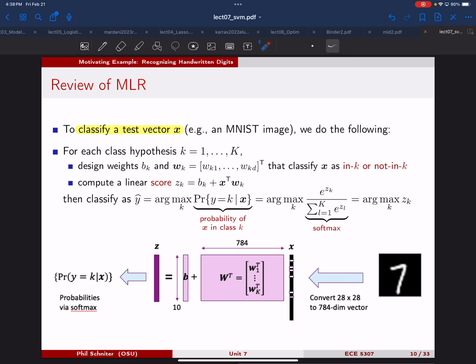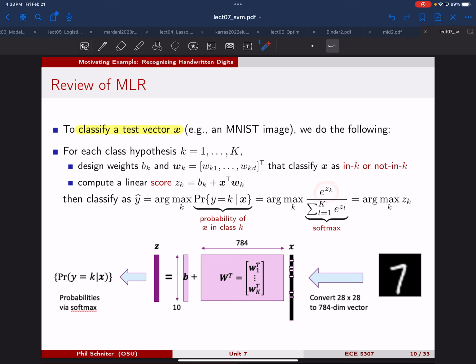And so if you do this and you just look through all the classes to see which is the most probable, equivalently, you're looking through these softmax values to see which is the most probable. Well, they all have the same denominator, so what's really changing is the numerator. And if you want to find the largest value of e to the power zk, you may as well just look at which is the largest of the zk's itself.